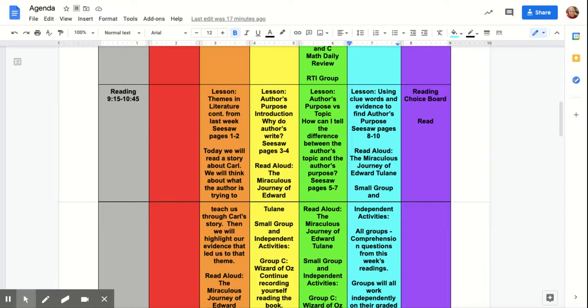Then in Article 2, when we read Hello There, Bear, this one right here is talking about bears are just having lots more encounters with people than they have in the past. And so it talks about all the reasons why people are building into their habitats, they're getting curious, things like that.